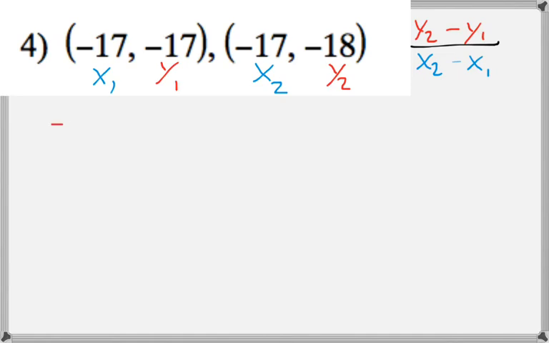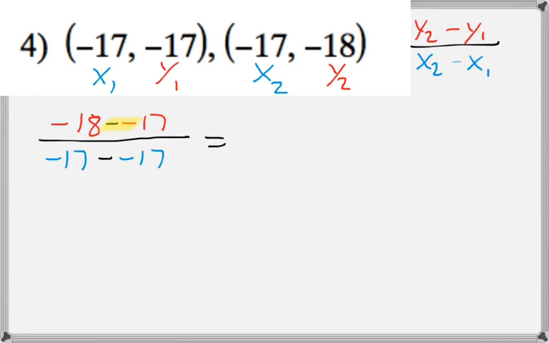Our y2 is -18, minus our y1, which is -17, is all in the numerator. And then we take our x2, -17, and we subtract our x1, also a -17. Now we can go ahead and calculate. So here in the numerator we have minus a negative, that becomes a plus.